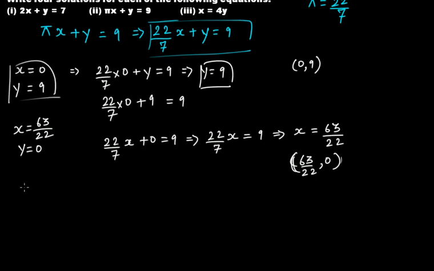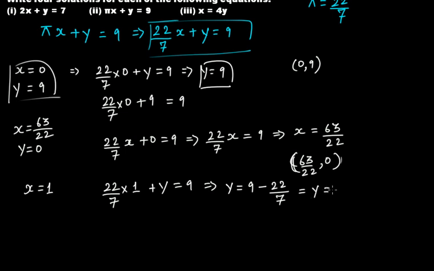Now here let's take x equal to 1. So when you take x equal to 1, this is 22 by 7 multiplied by 1 plus y equal to 9, and from here you get y equal to 9 minus 22 by 7. Now if you take this LCM, you get y is equal to 63 minus 22 over 7.